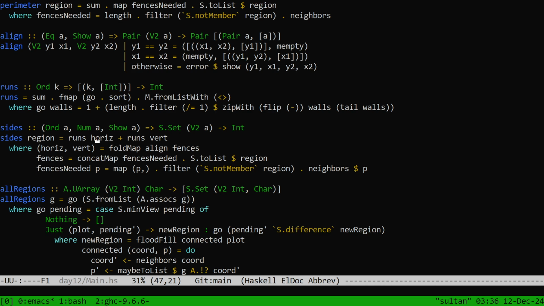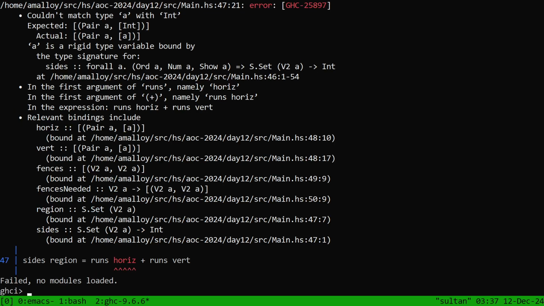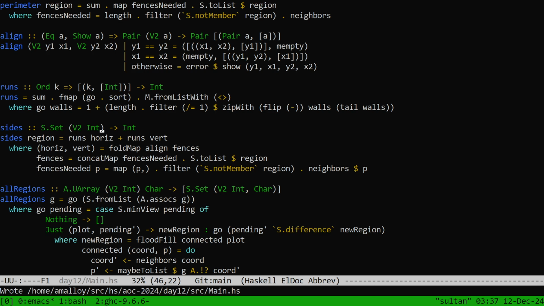Oh, that's because I haven't fixed sides yet. I've constrained runs to only work on int, but I'm still calling it on any A. Well, sides, this has to be int, right? Because the only thing that's ORD and Num and Show in this program is an int. Okay, getting there.